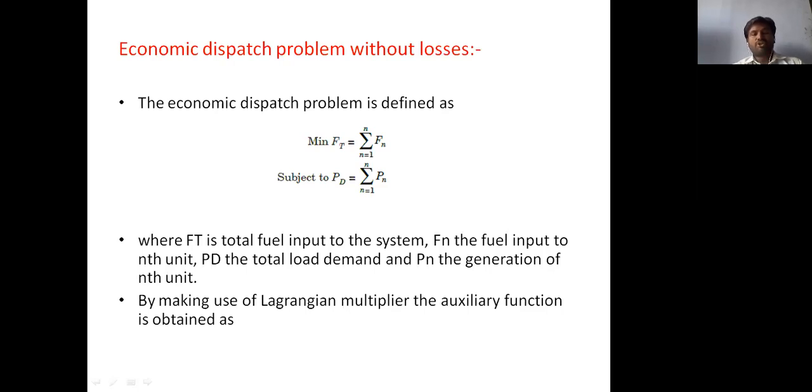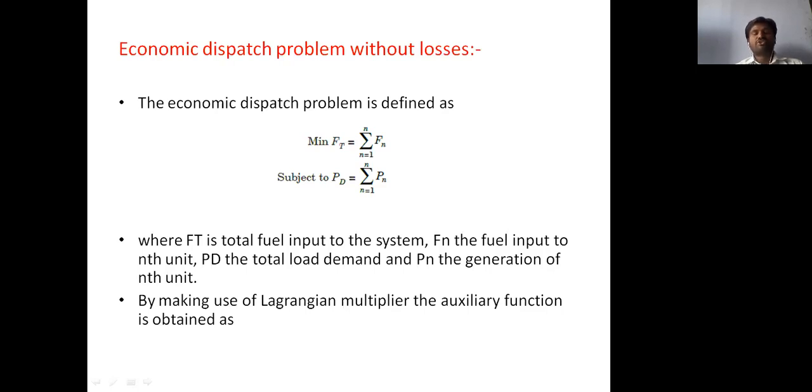In the above equations, the constraint function PD equal to the summation of Pn means the problem cannot be solved by ordinary minimization techniques. The equation involves a constraint function, so it cannot be solved by normal equations.